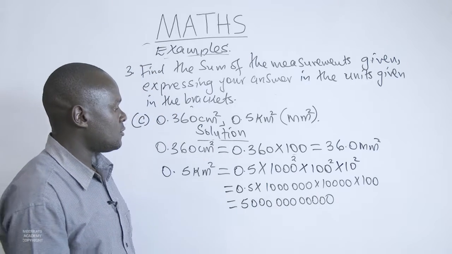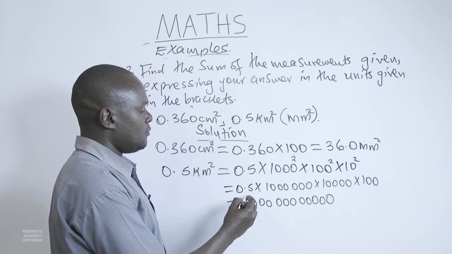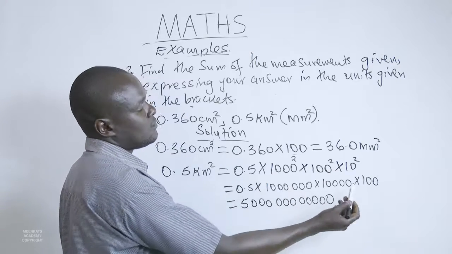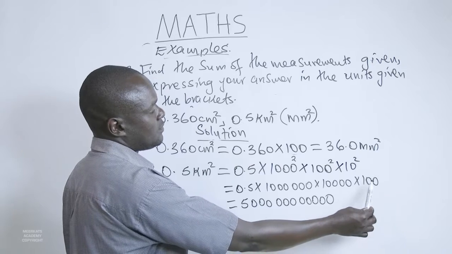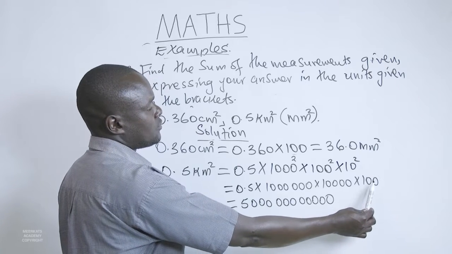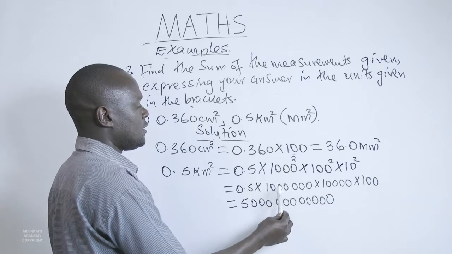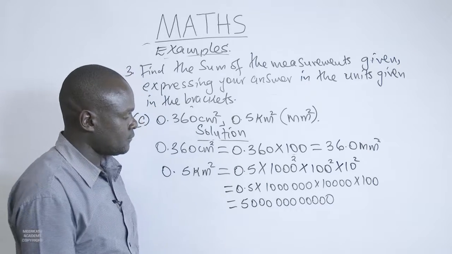This will be moving the decimal place to the right, the number of places equal to all these zeros. This is 1, 2, 3, 4, 5, 6, 7, 8, 9, 10, 11, 12.